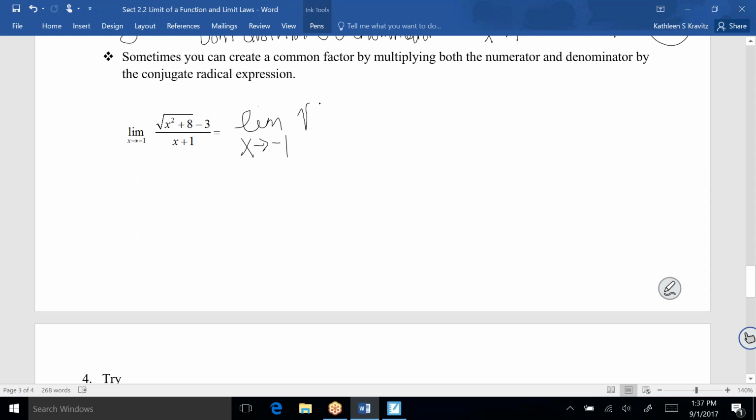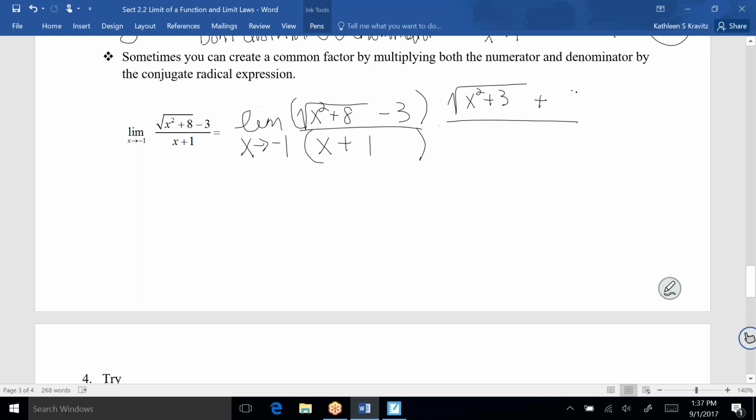So the way that we're going to deal with this is to multiply the top and the bottom by the conjugate radical expression. So in this case, the conjugate radical expression is going to be the square root of x squared plus 8, and now it's going to be plus 3.